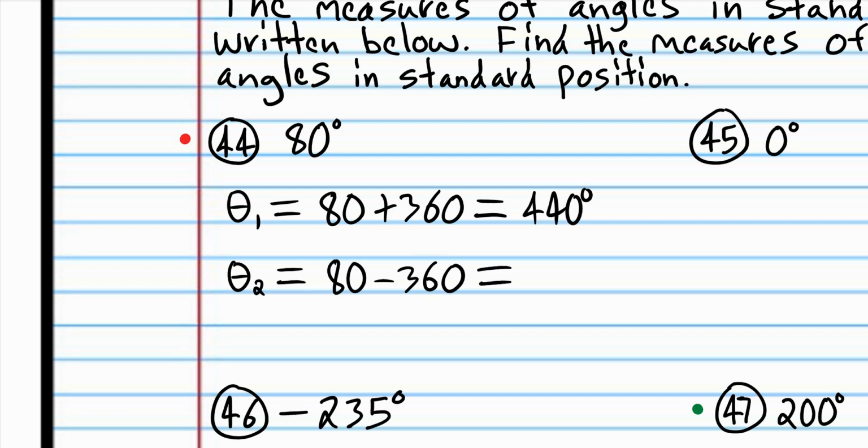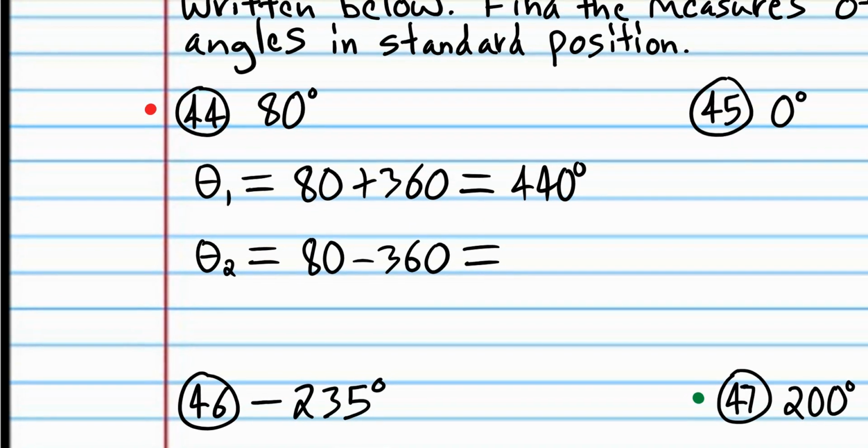Why not subtract 360? Again, if you do a complete rotation in either direction, clockwise or counterclockwise, you're going to have the same stopping point. So 80 minus 360 is negative 280 degrees.